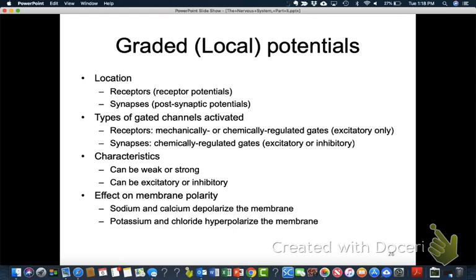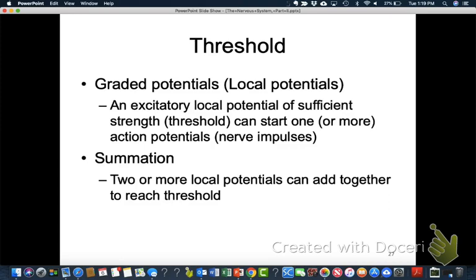We call these potentials graded potentials because they can have different grades, and we grade things by weak or strong. And they can also be excitatory or inhibitory, which action potentials cannot do. So sodium and calcium are going to depolarize, and potassium and chloride can hyperpolarize. And the whole point of that is to move toward or away from threshold.